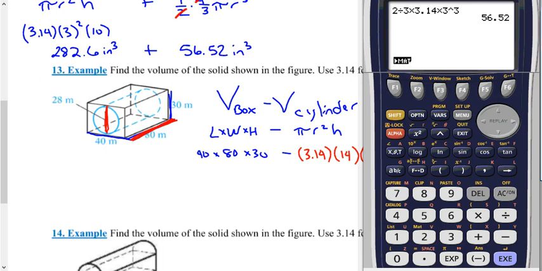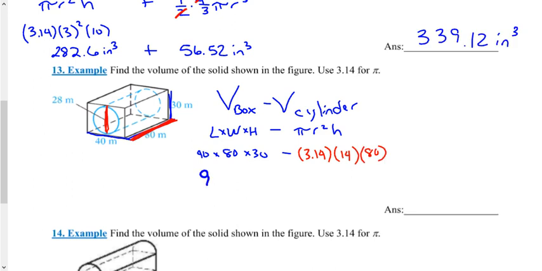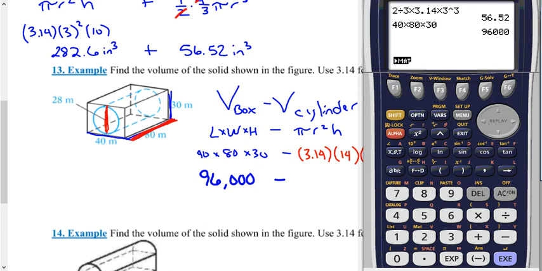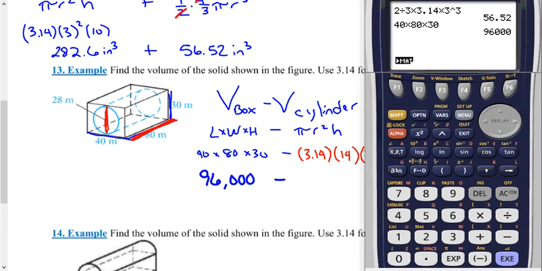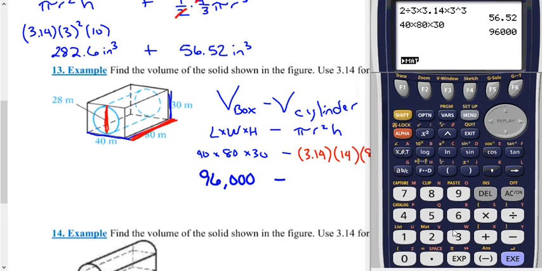Okay, so we've got 40 times 80 times 30. This is the volume of the box. That's 96,000 cubic meters. And then for the cylinder that we're going to cut out of this, we're going to take 3.14.